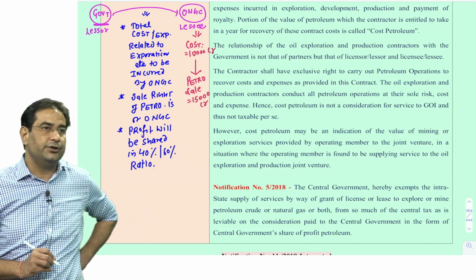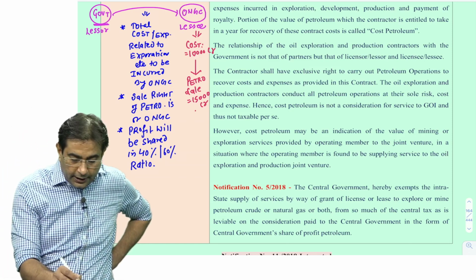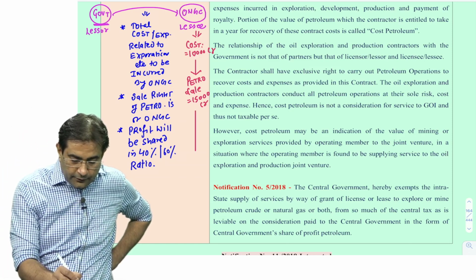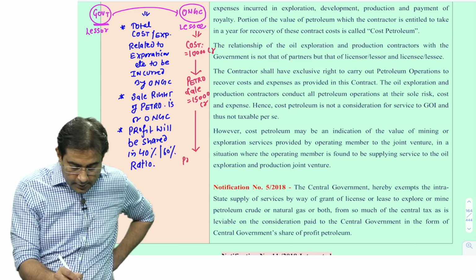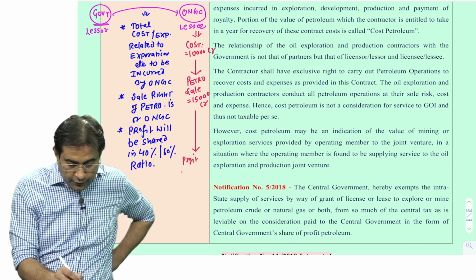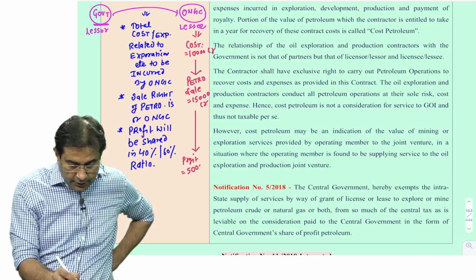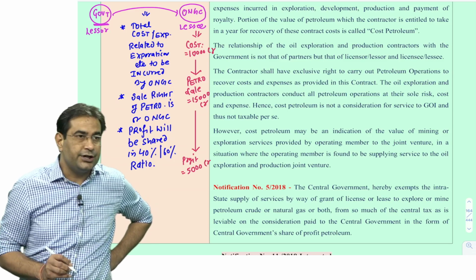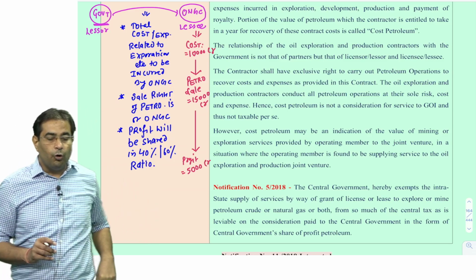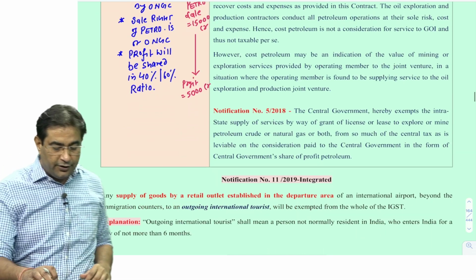Okay, sir, no issue. Accordingly, the profit component would be 5,000 crore. That would be shared between ONGC and the Government of India.